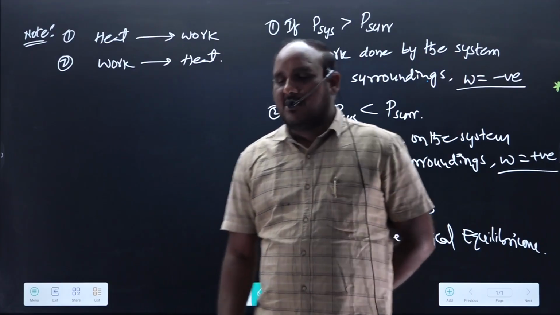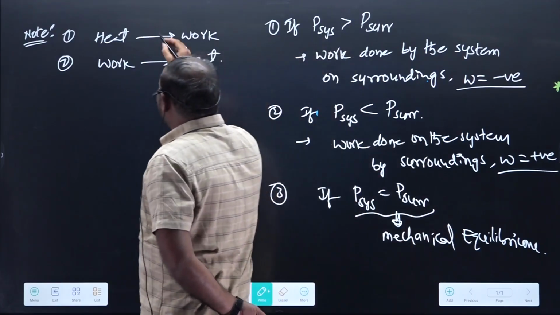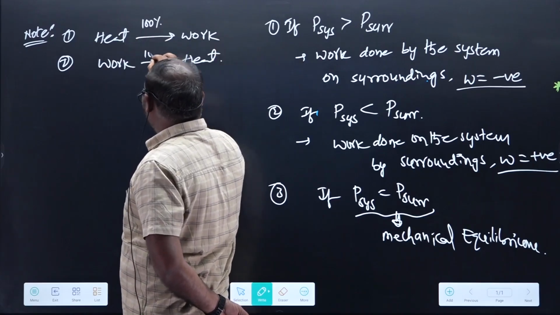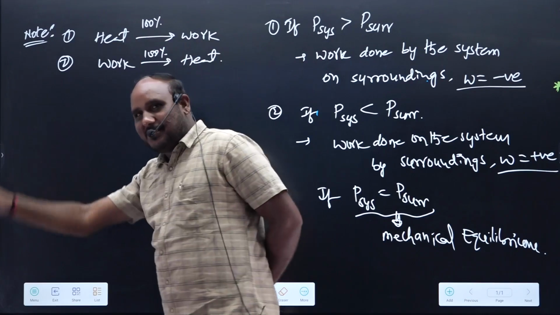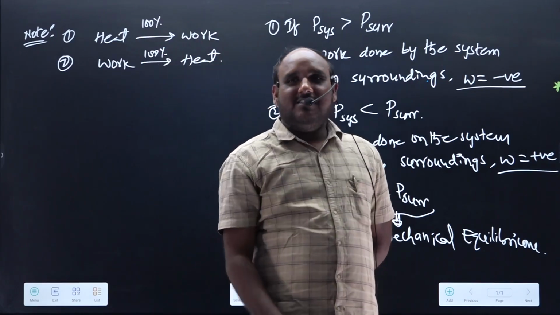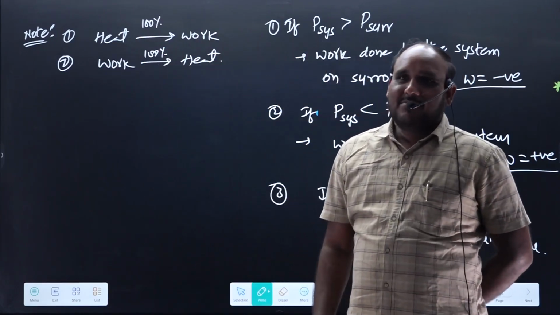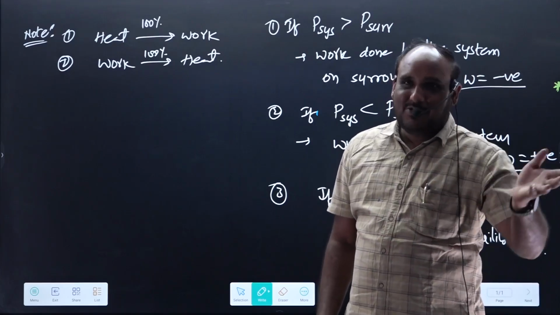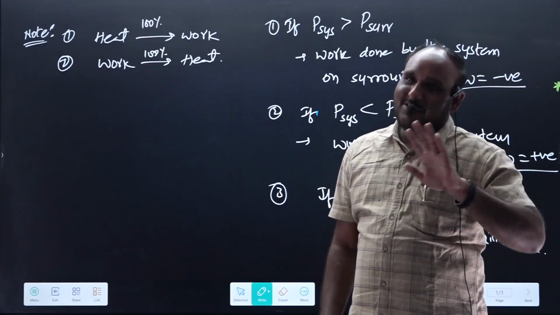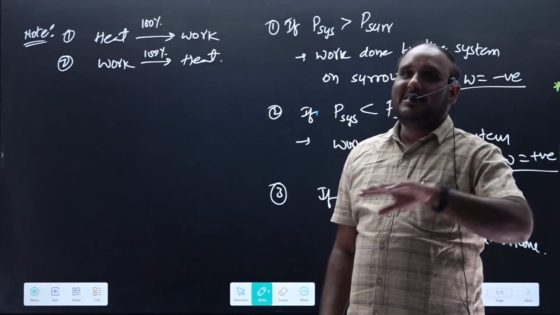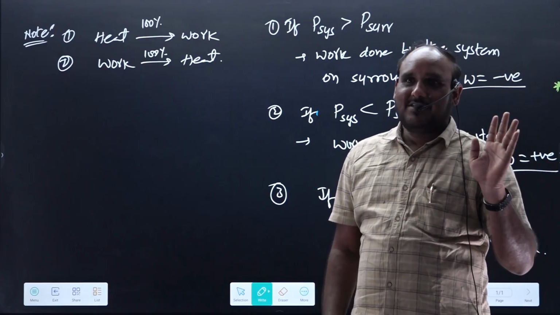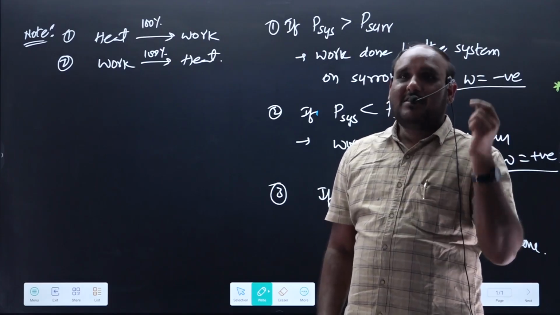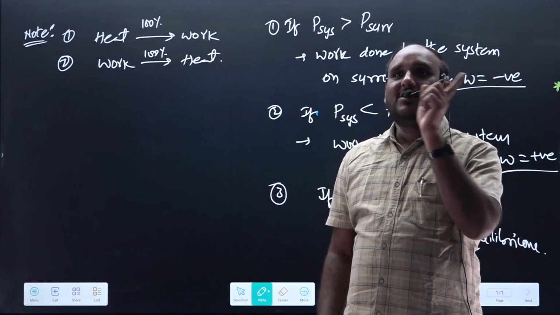Both are possible. Now, is 100% of heat converted to work, or 100% of work converted to heat? Which one is correct and why? Previously we didn't mention whether the entire heat is converted to work. Heat is converted to work, but the complete heat cannot be converted into work. Only a few amount of heat is converted into work, but the complete work is converted into heat.